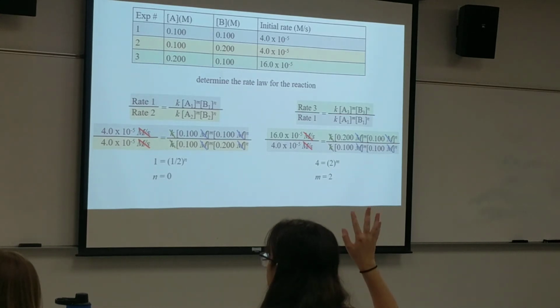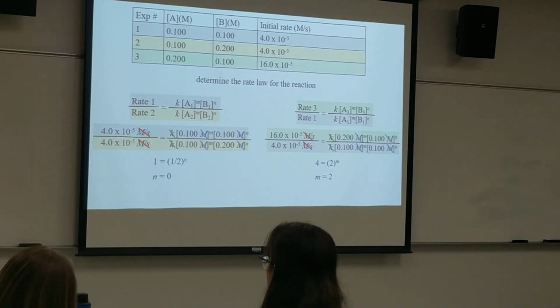Why did we choose rate one? I could have not done that, right? I could have done, let's say, what could I have done? 2. Yeah, we could have.